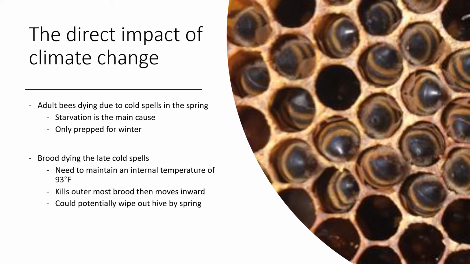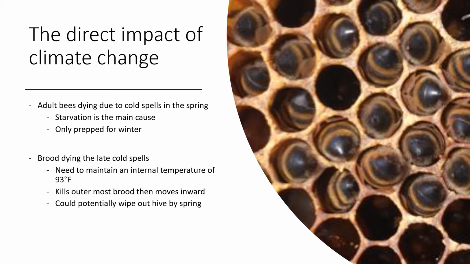This happens because in order to keep the brood alive and maintain the brood, the colony needs to maintain an internal temperature of about 93 degrees Fahrenheit. And when it is super cold outside in the spring, this is hard to do.